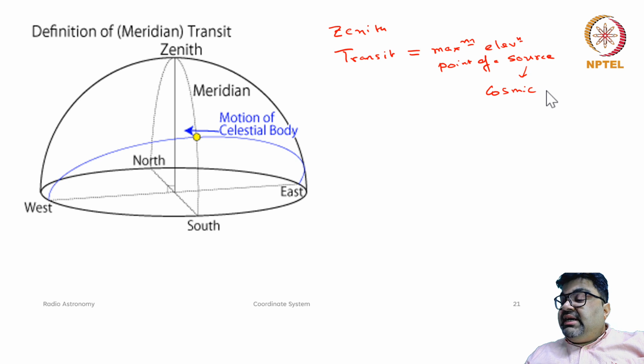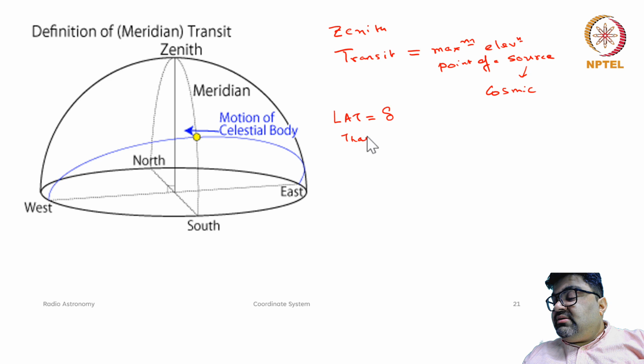We have learned that if the latitude of the position matches the declination of a source, then that source transits through the zenith of the observer.